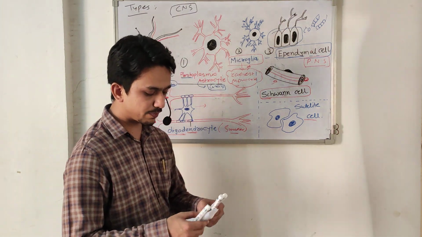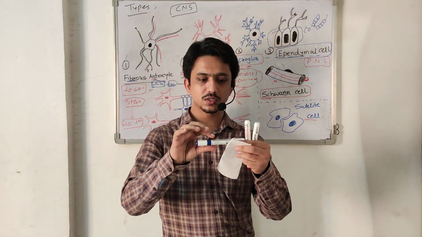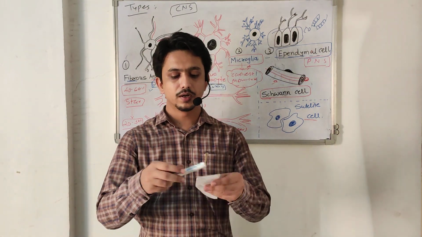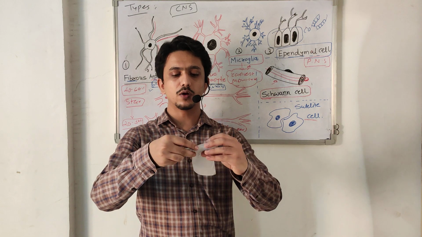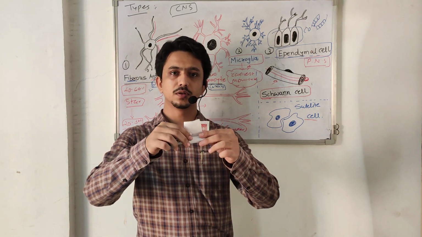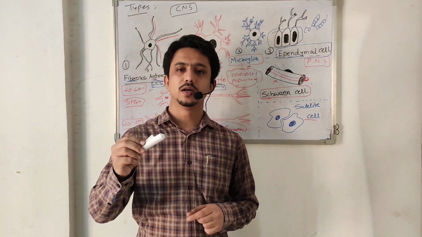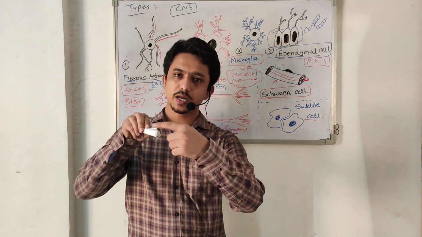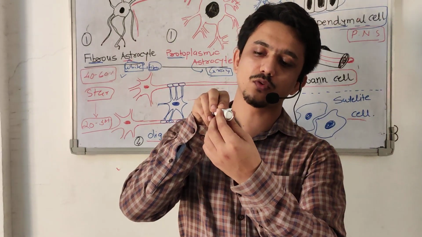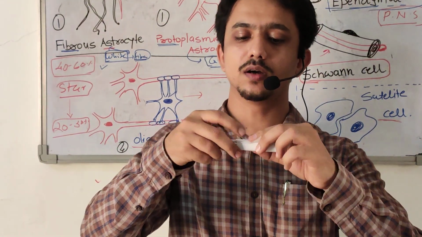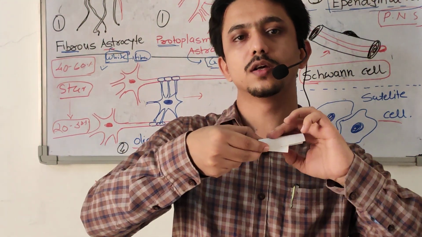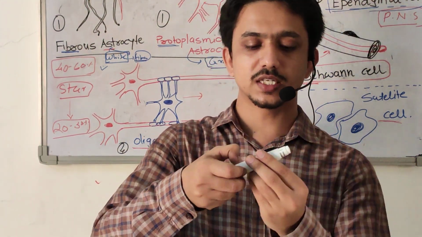So I will give an example. Suppose this is an axon. They produce the myelin sheath around the neuron in multiple folds like this, so the axon is covered by multiple folds. Most importantly, the nuclear part remains on the surface.